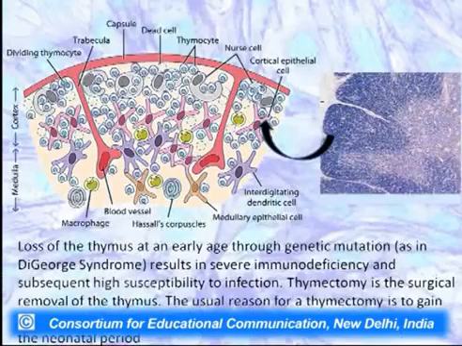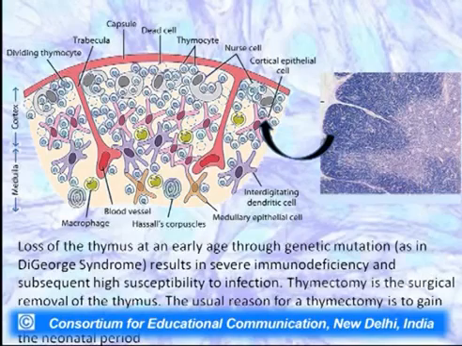Now, going into the histology of the thymus, this is how it looks on regular staining. The thymus is encapsulated by a capsule. This capsule gives in trabeculae. There is a definite cortical region and a medullary region. The cortical region has dividing thymocytes.